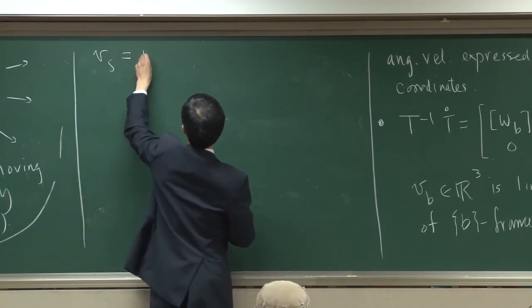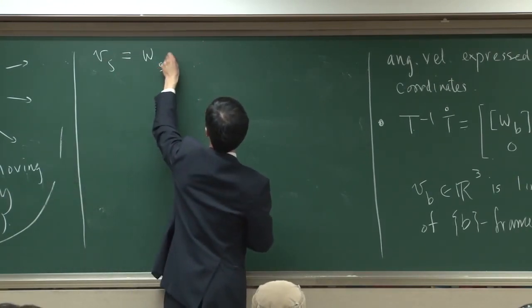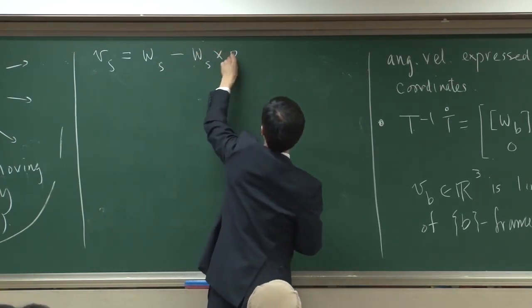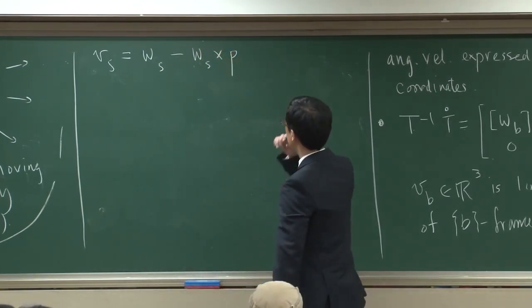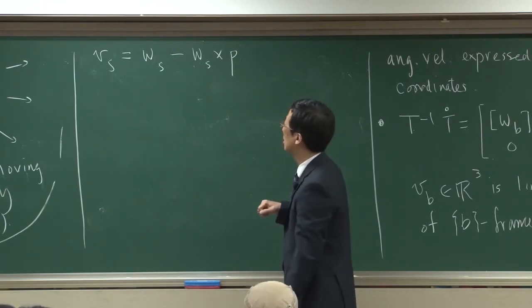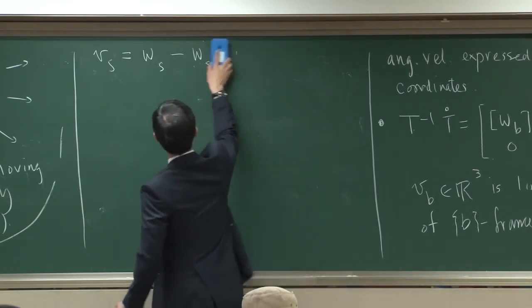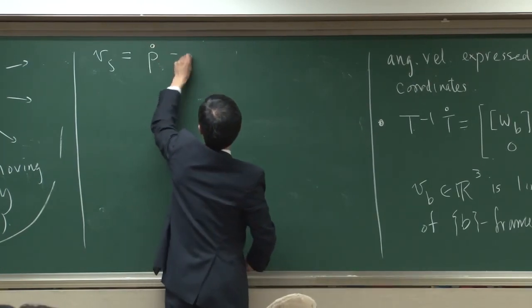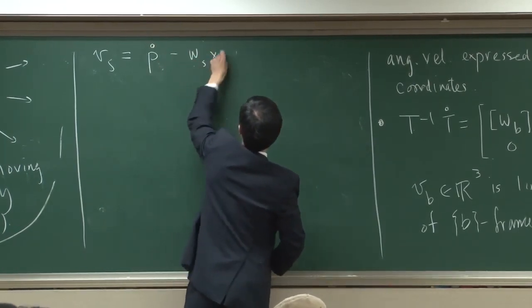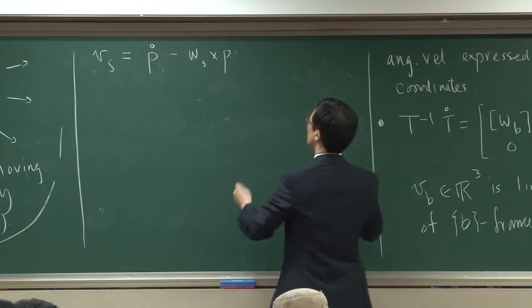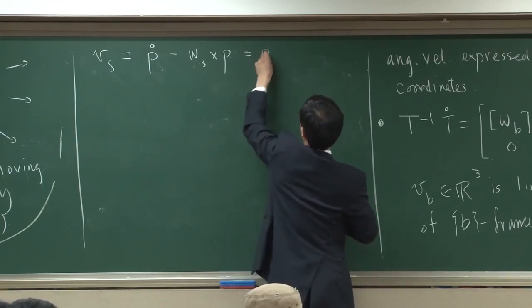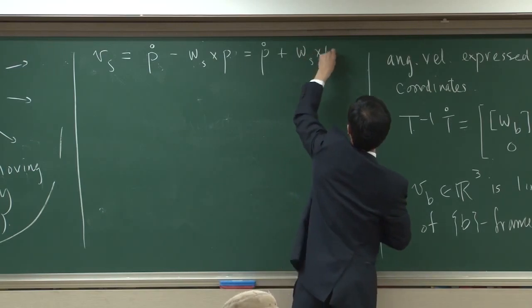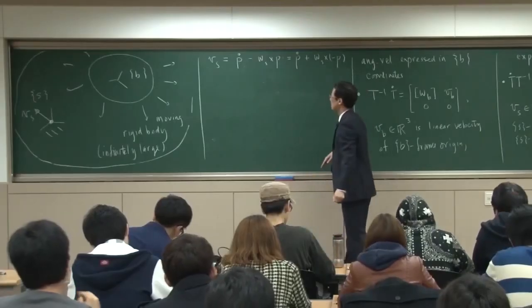This is just going to be p dot minus omega s cross p, which we can write in this way, omega s cross minus p.